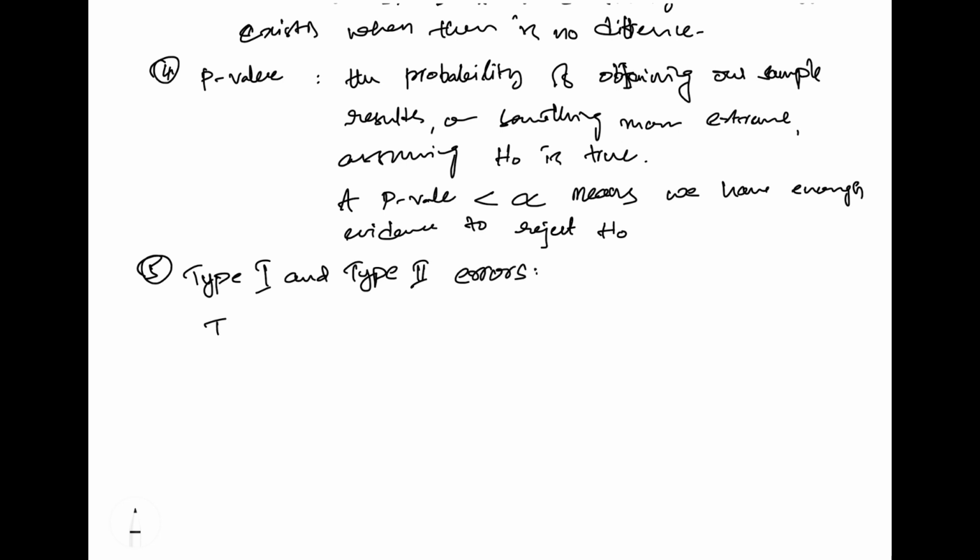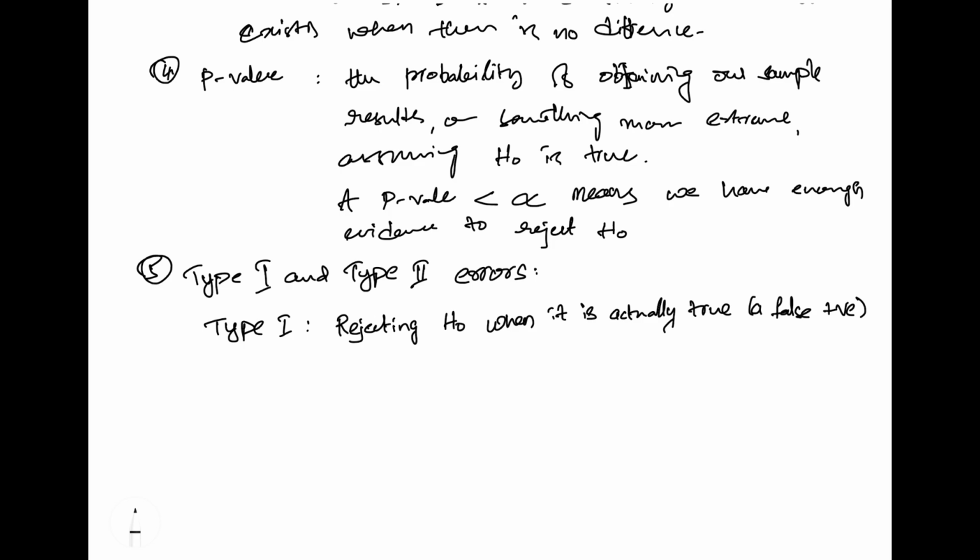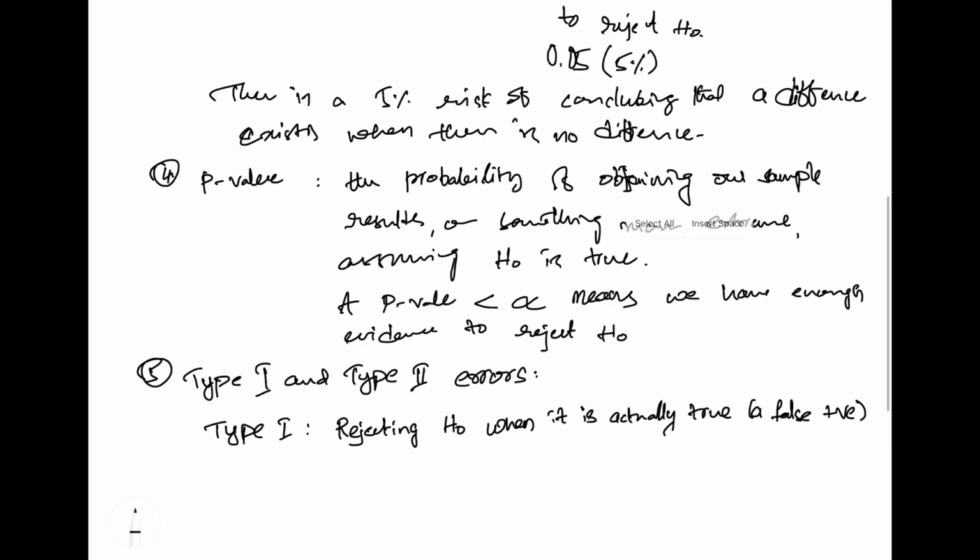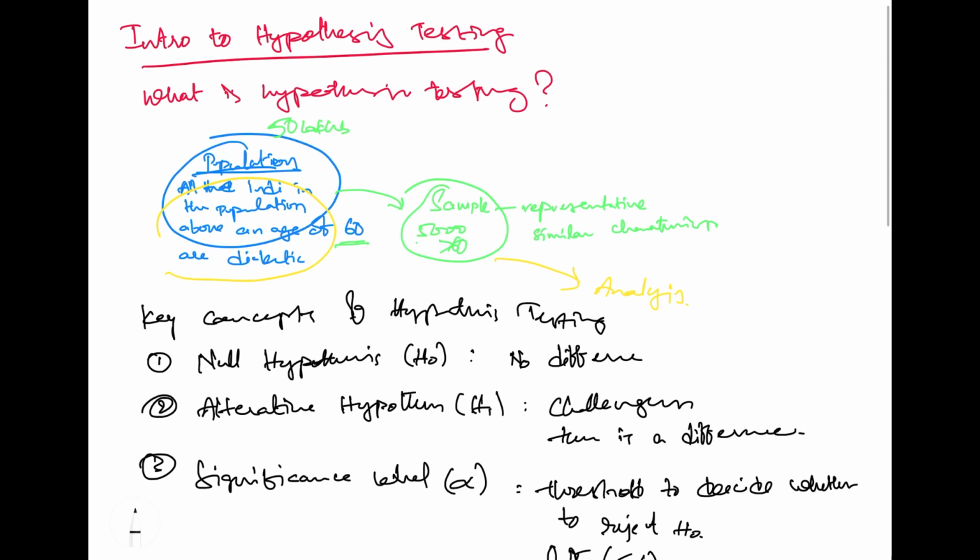So a type 1 error is rejecting the null hypothesis H naught when it is actually true, a false positive.